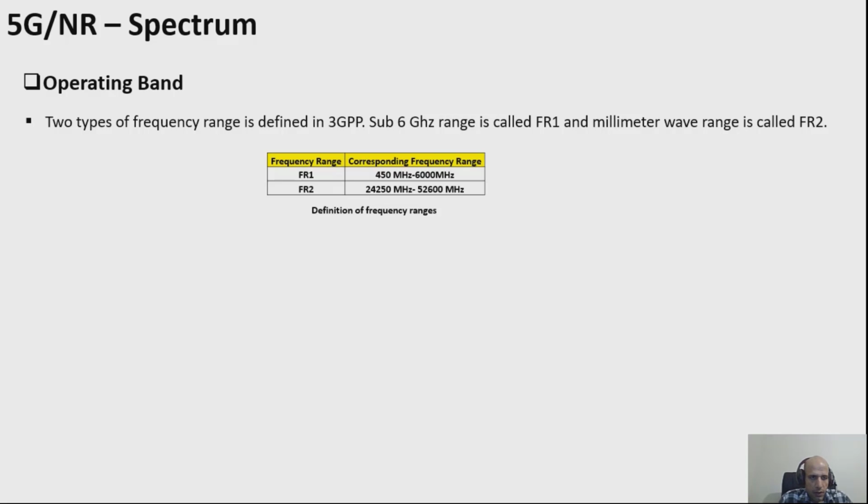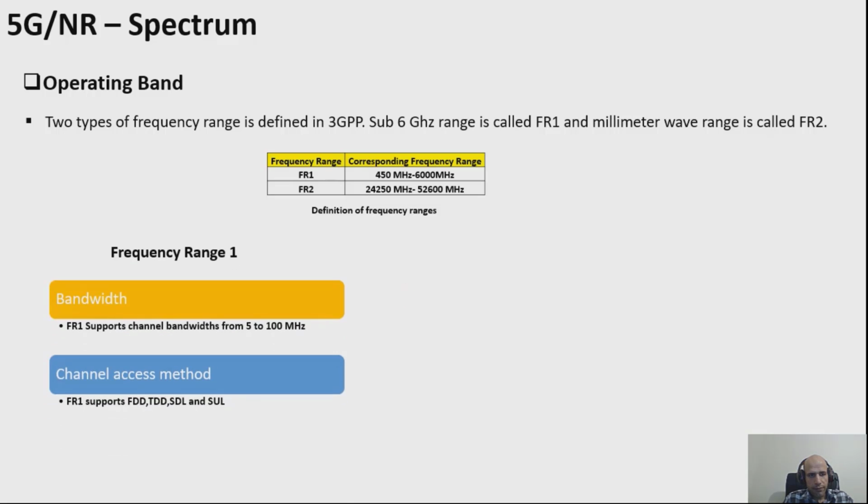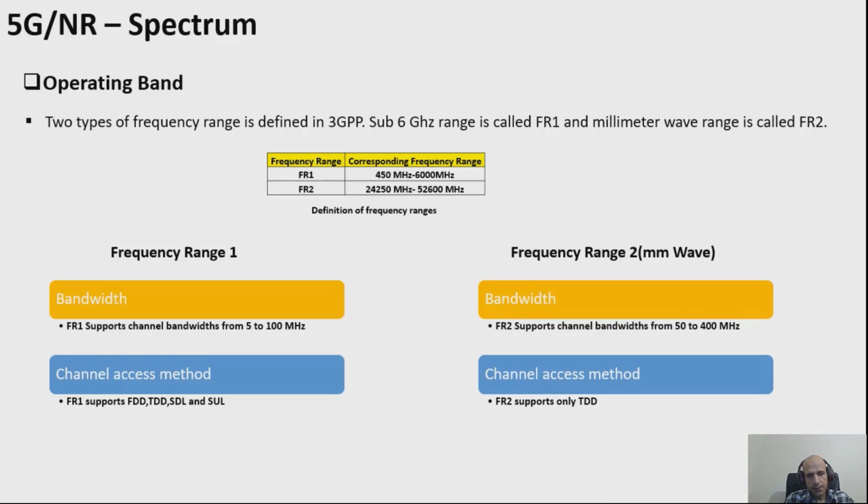As we said before about the operating bands, we have two types of frequency range defined in 3GPP. One is sub 6 gigahertz, and the second is frequency range 2, which is known as millimeter wave, or higher operating bands, which we discussed. In frequency range 1, channel bandwidths from 5 to 100 MHz are supported, and the channel access methods are FDD, TDD, SDL, and SUL.